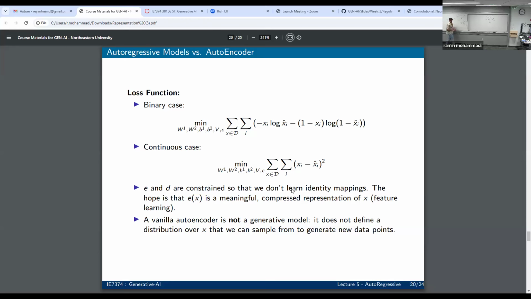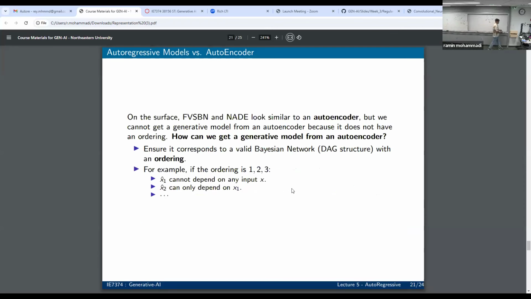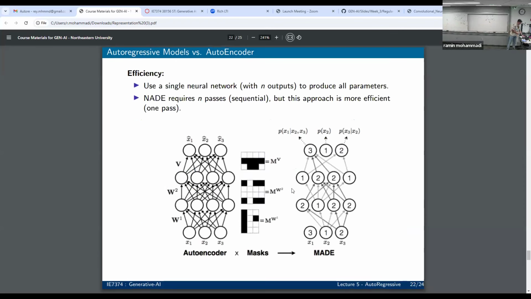So the idea was, how could we expand an autoencoder so it becomes generative? We can do that by enforcing some sort of ordering, similar to the BayesNet that we have, with some ordering. We can introduce this ordering by masking, and that's called a masked autoencoder.